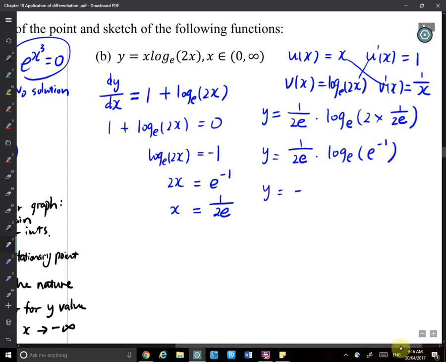So y equals -1 over 2e. The minus goes to the front and log e is 1, so it's -1 on 2e. So the point is (1 on 2e, -1 on 2e).